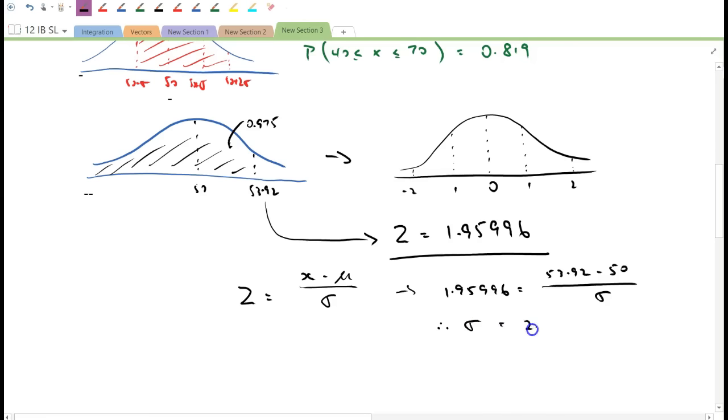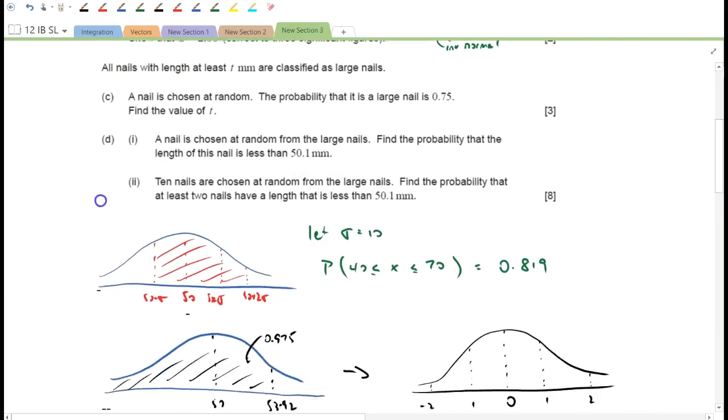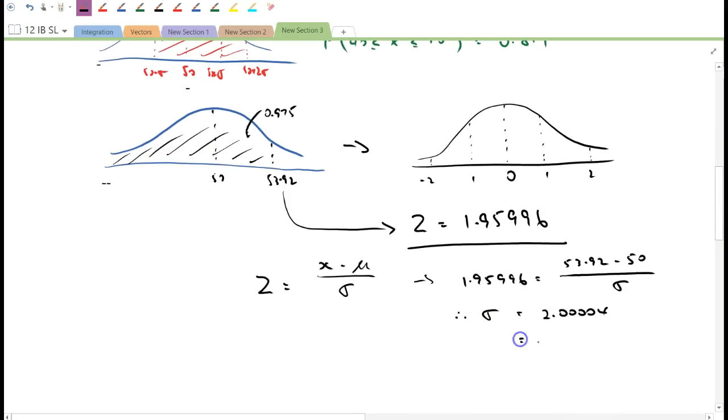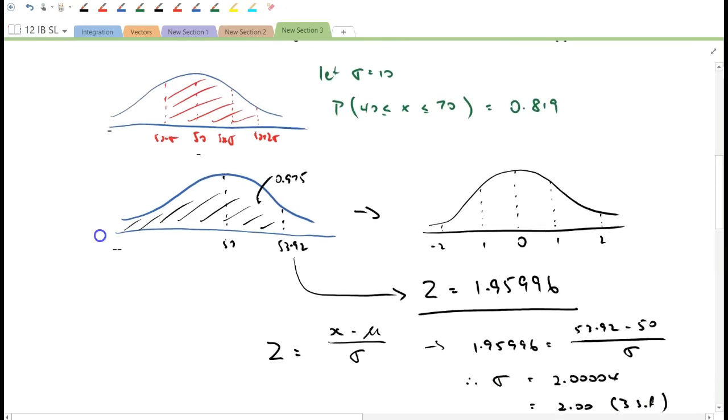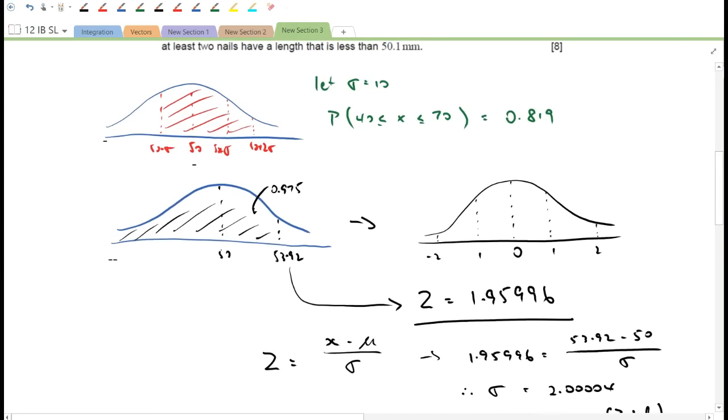Work that through, and you get 2.00004, which is what they're asking us to show: that sigma is equal to 2.00 to 3 significant figures.